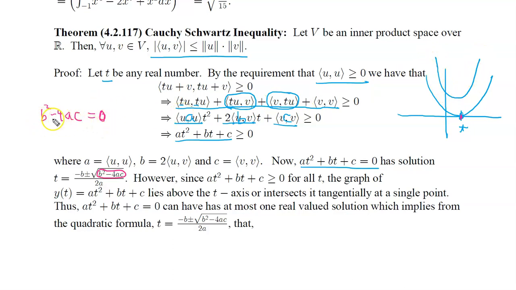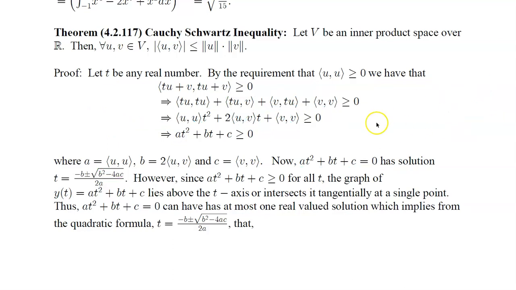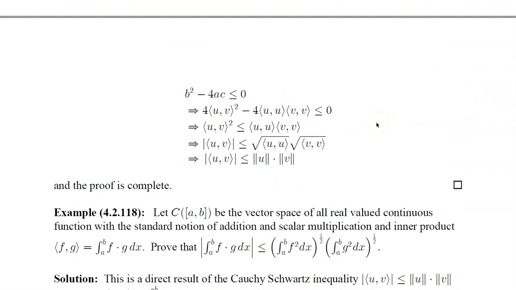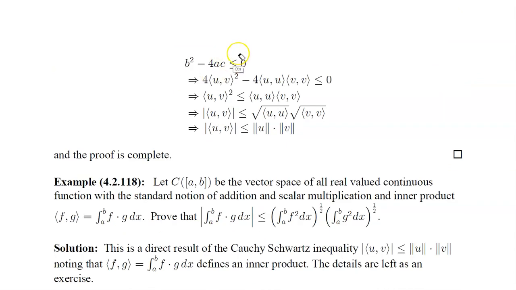So the discriminant here, b squared minus 4ac, that's what we call it, is definitely less than or equal to 0. Okay, so let's take note of that now. All right, so that's what we have right here now.